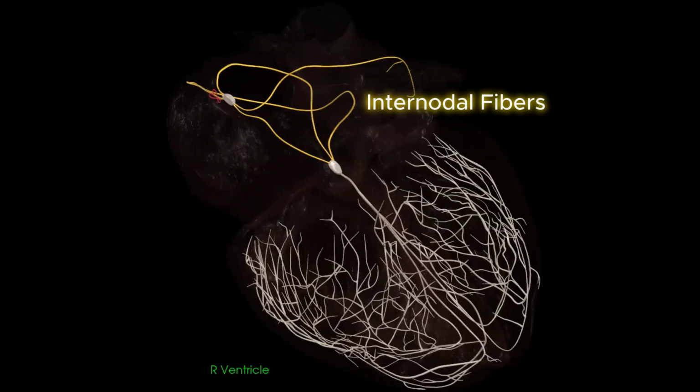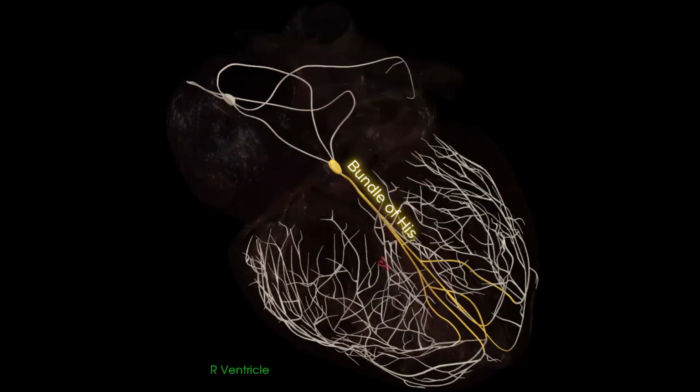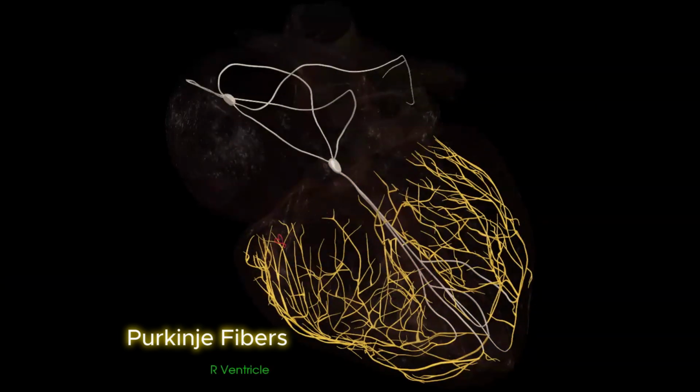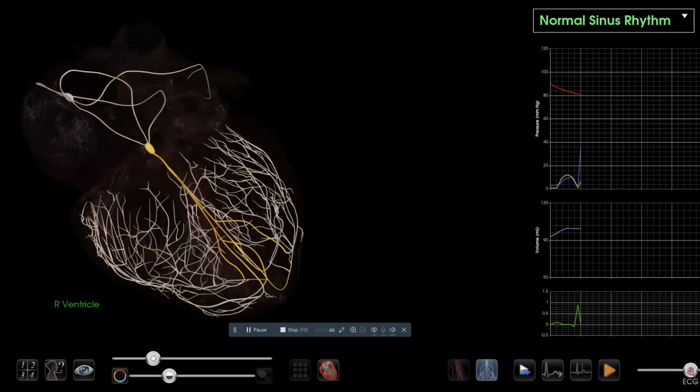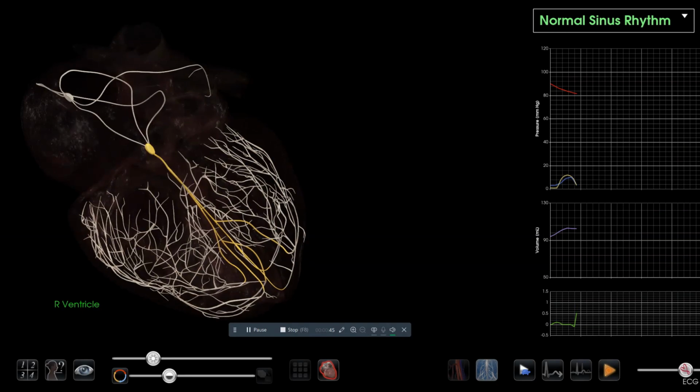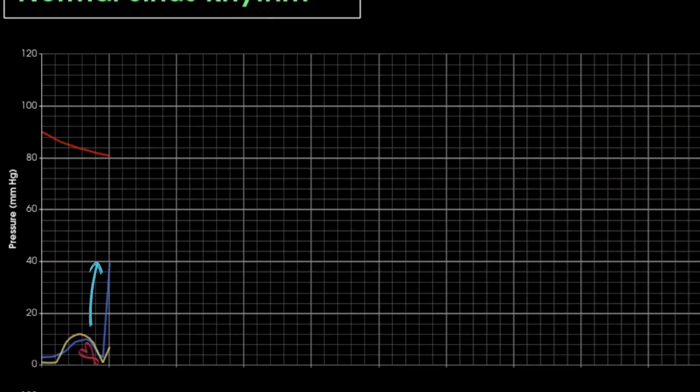This electrical impulse that travels through the heart's conduction system, culminating in ventricular excitation, is represented by the QRS complex. Shortly after excitation-contraction coupling has occurred, ventricular pressure increases due to the onset of ventricular contraction.